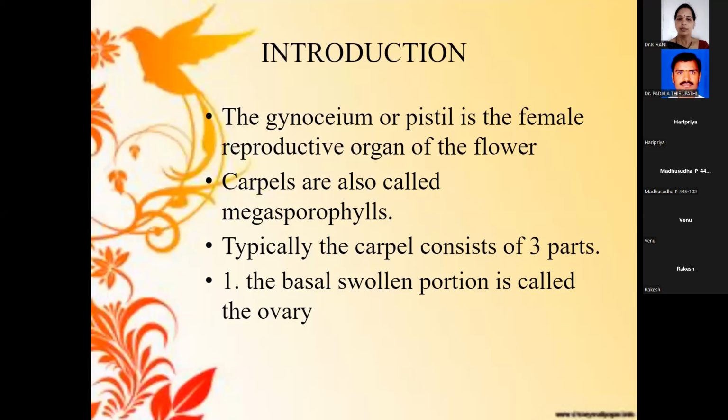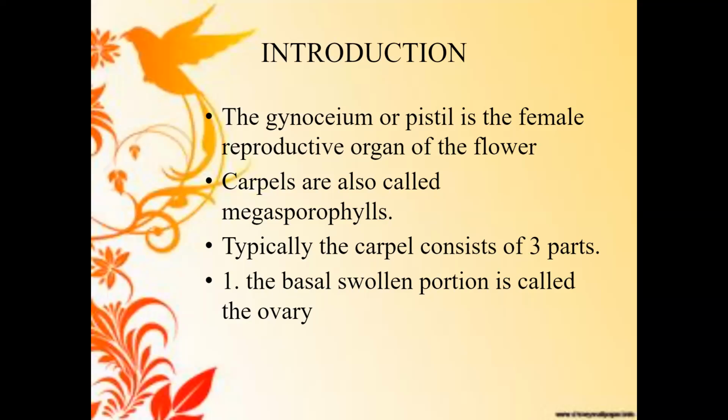Sporangium, and next one is the megasporangium. Megasporangium means nothing but ovule, in the gynoecium or pistil, the female reproductive organ of the flower, made of megasporophylls. Typically the carpel consists of three parts.